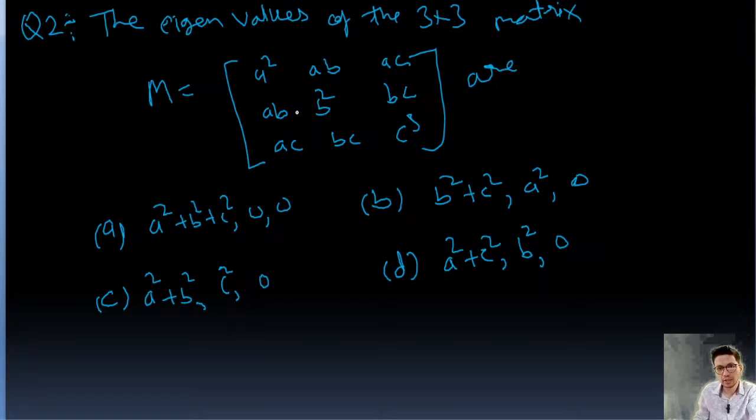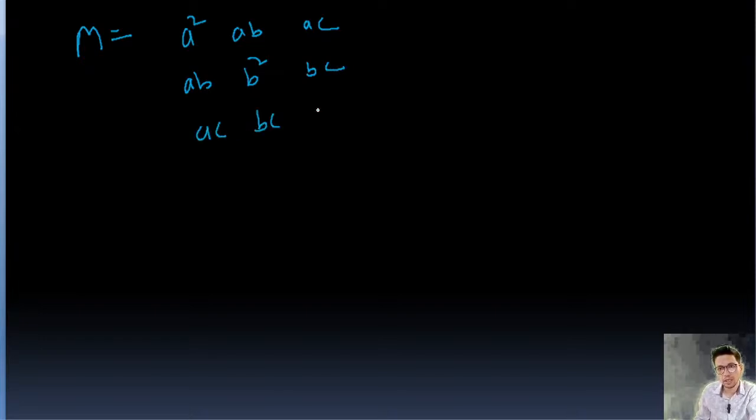We just have to find the eigenvalues of this matrix, and these are the options which are given. So we have been given the value of M equal to A square, B square, BC, and then AC, BC and C square. Okay, so these are the options.